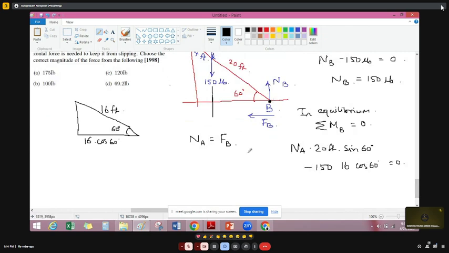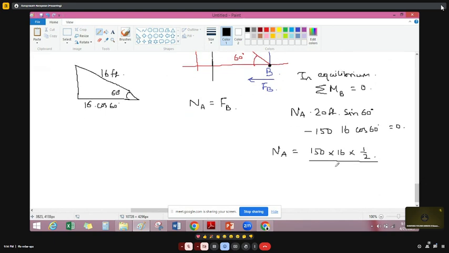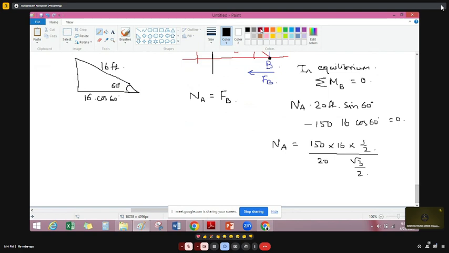Let's simplify this and find out NA, which will give you FB, because NA is equal to FB. This goes on the other side, so 150 into 16 into cos 60, which is 1 by 2, divided by 20 feet into root 3 by 2. Anything else I can cancel?